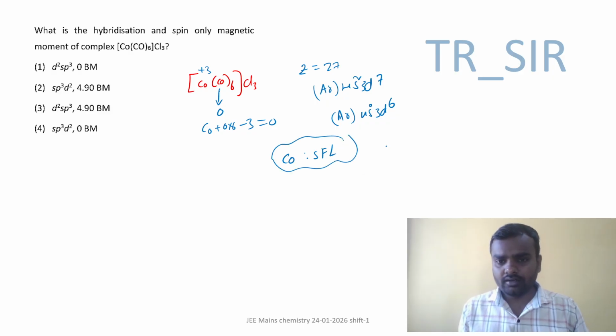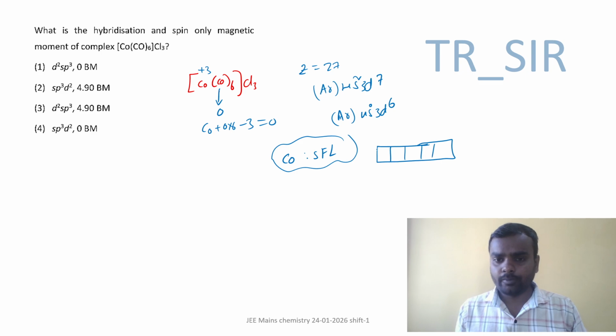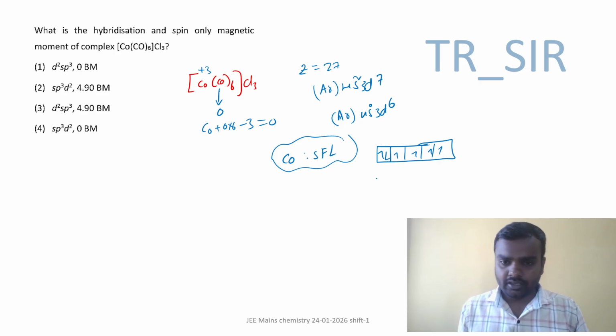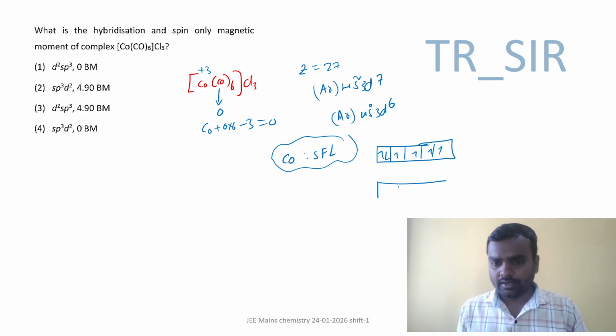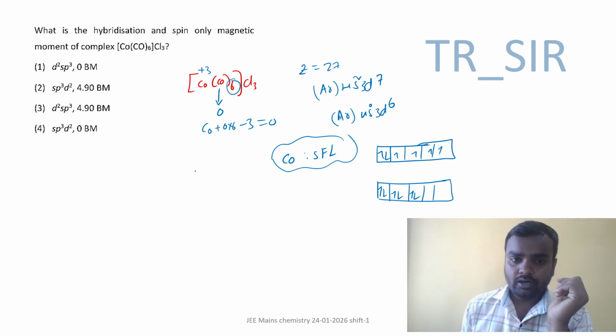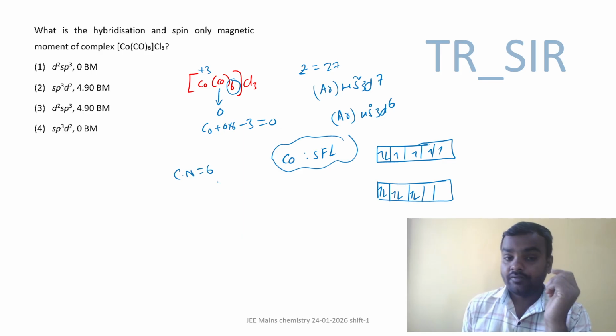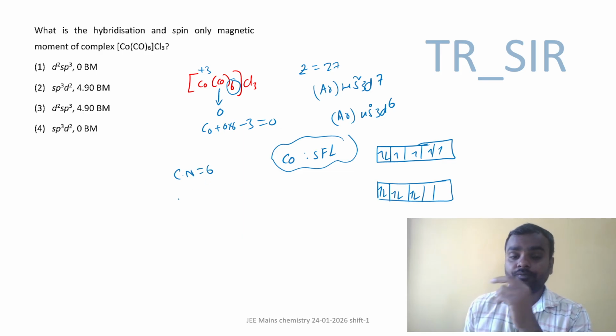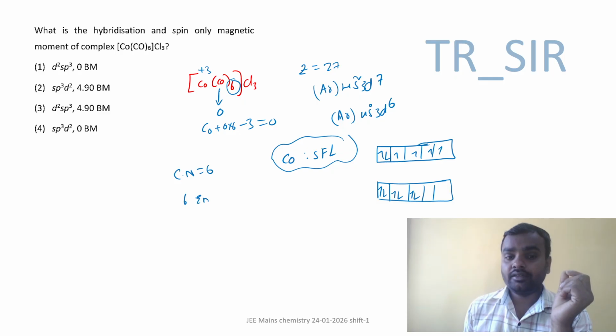If it is a strong field ligand, forced pairing will take place, so the electrons pair up in the 3d orbitals. Why are we doing this? We require a coordination number of 6, so we need 6 empty orbitals.